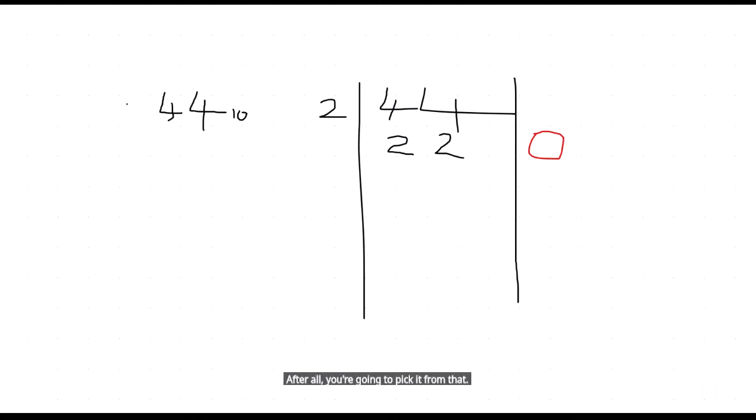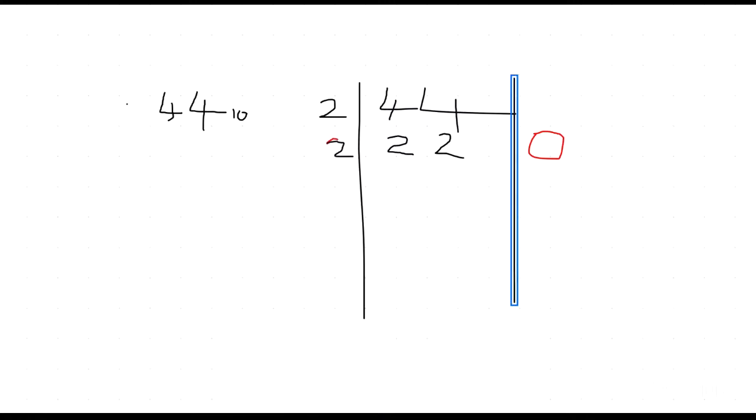22 divided by 2 will be what? 11. Remainder 0. 11 divided by 2 will be 5.